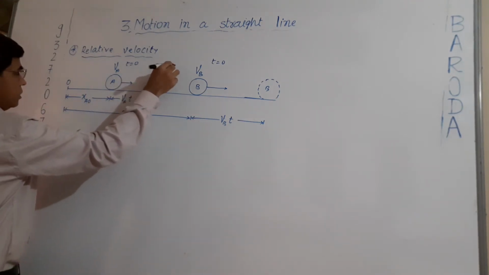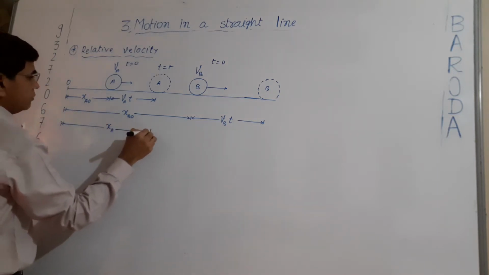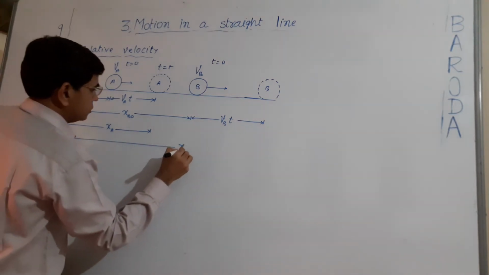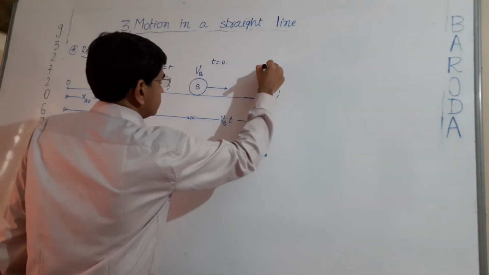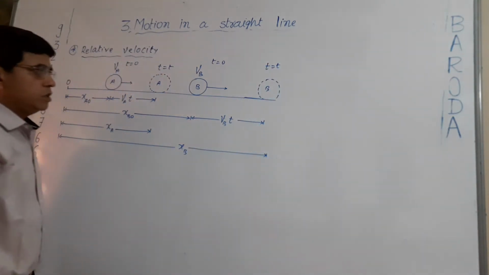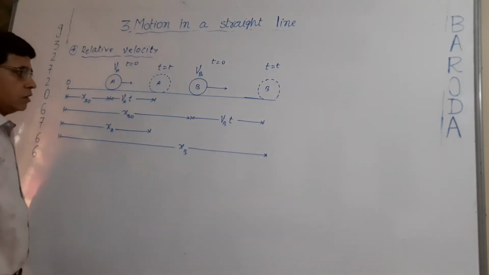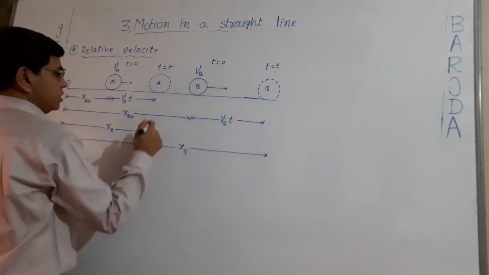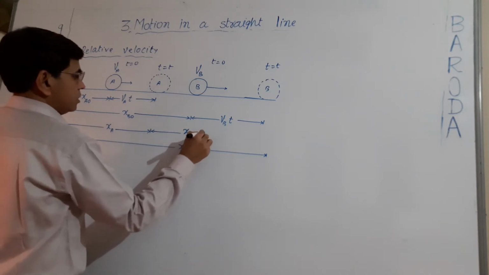At time t, the distance of car A is XA with reference to O, and the distance of car B is XB with reference to O. Now, after time t, what will be the distance between car A and car B? It will be XB minus XA.